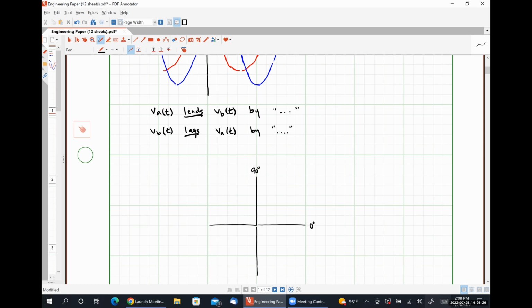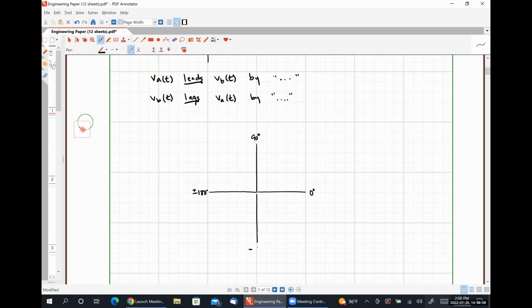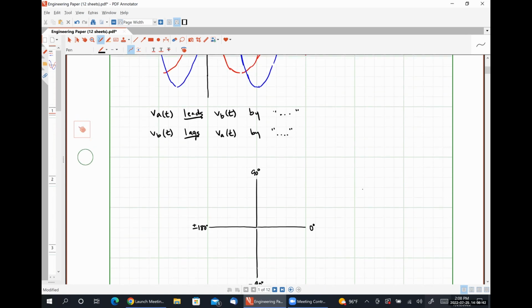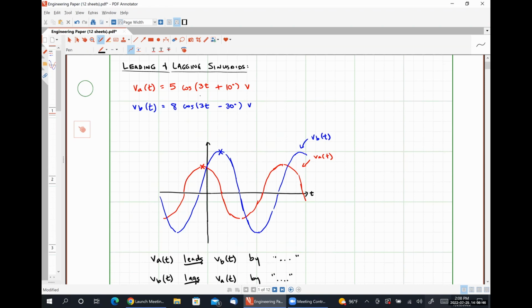The positive vertical axis corresponds to 90. The negative horizontal axis corresponds to plus or minus 180 degrees. And the negative vertical axis corresponds to negative 90 degrees. At t is equal to 0, this cosine of 3t bit effectively goes away and we're left with just a phase angle of 10 degrees.